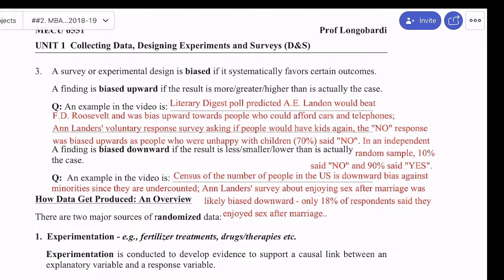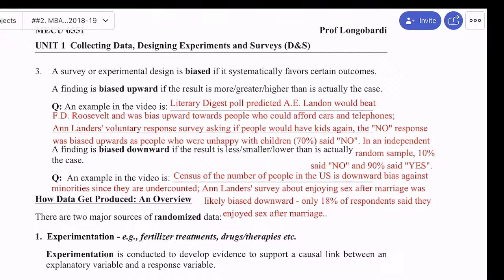So a finding is known to be biased upward. So if you're trying to measure a variable and the responses tend to be higher, more or greater than is actually the case, you have an upward bias variable, just by the very way it was collected or intended.